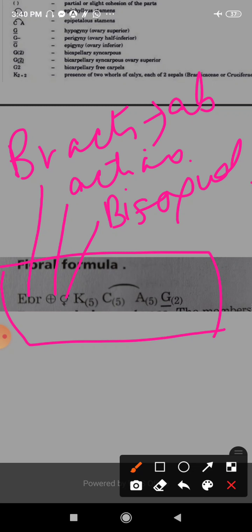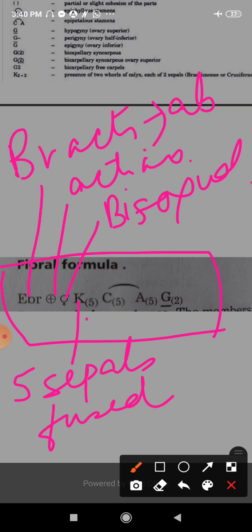Then we come to the calyx, right? The calyx is represented by a capital K, and this is showing that there are 5 sepals present, and these 5 sepals are fused. If you see, it's shown in a bracket, right? The number 5 is bracketed. That means the sepals are fused. We come to the corolla or the petals, right?